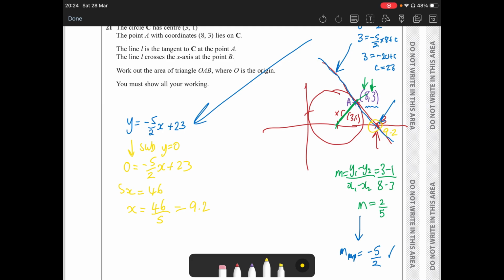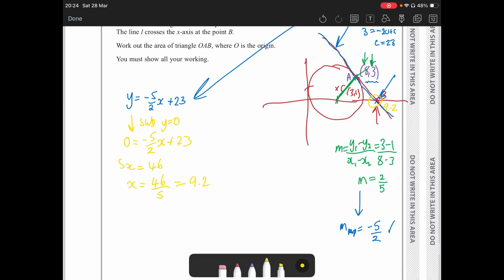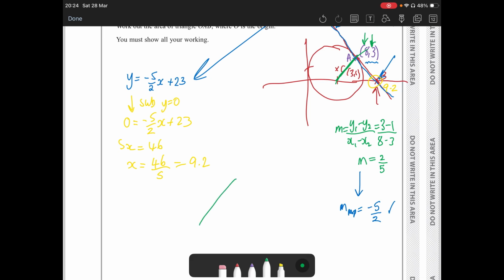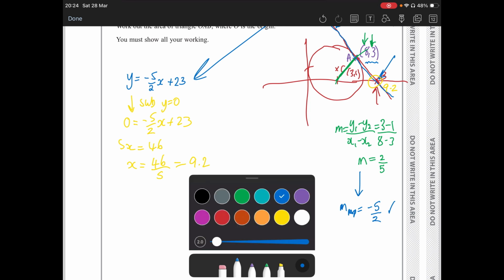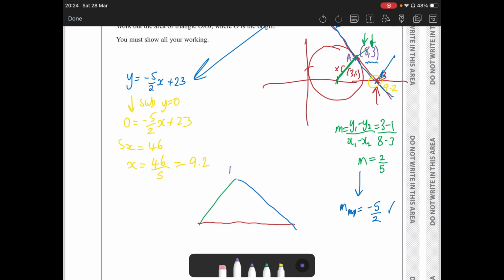9.2. Okay, so this question, if I think about all three lines here, and I will do them in the same color as in my little rough sketch. A to C, remember, was in green. We had this red line, which is the x-axis, and we had that blue line, which I just drew now. So remember, this point A had coordinates 8, 3, meaning the height was 3, right?